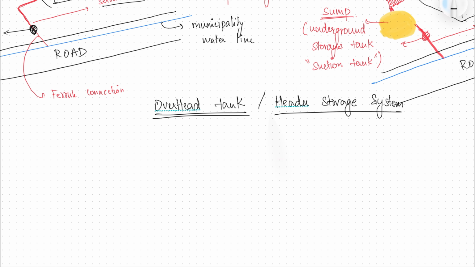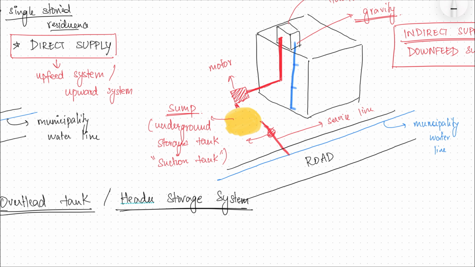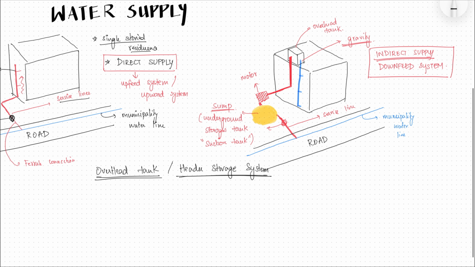So this is basically what we talked about here, where the water is supplied to the sump, and from there it is pumped to the overhead tank using a motor pump or a booster pump, and from there using gravity pressure it is supplied to other parts of the building. Okay, so this is your overhead or header storage system.